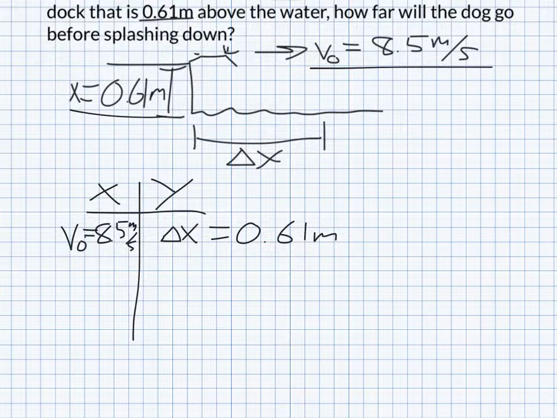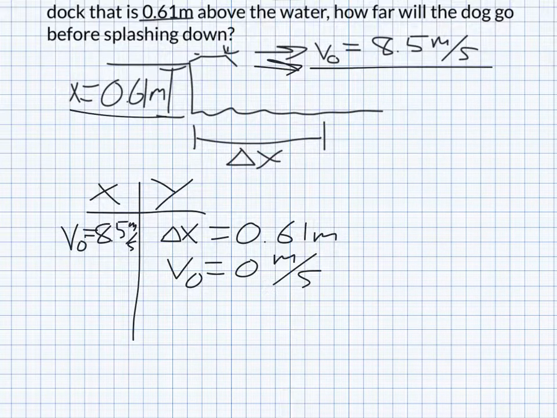For instance, the fact that the dog went straight off the edge means that he was not going up or down when he left the edge of the dock. So his vertical velocity, his up and down velocity naught, is 0. He does not start with a vertical velocity. He only starts with a horizontal velocity. If he had leapt at an angle, we could then talk about component vectors, but he didn't.